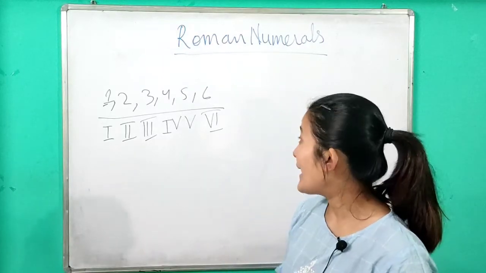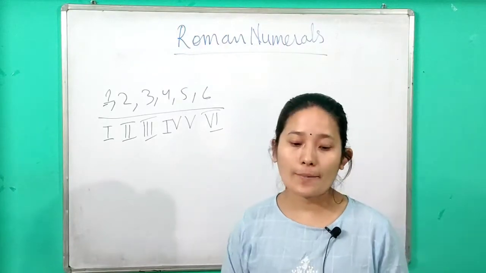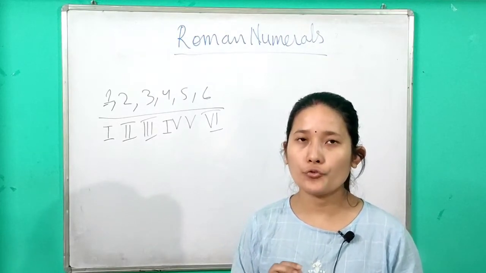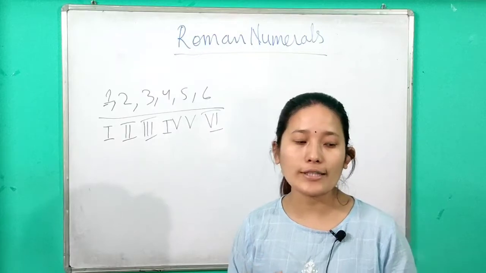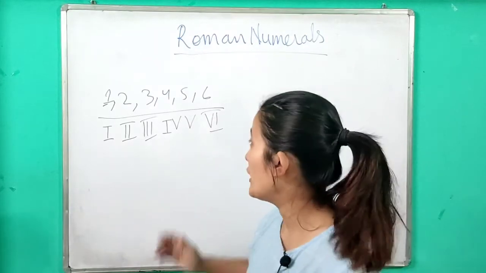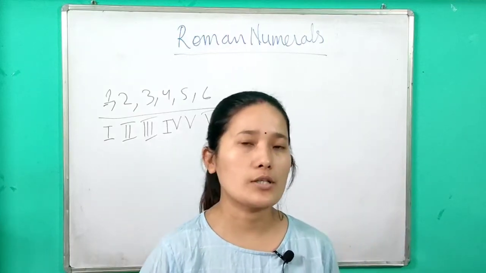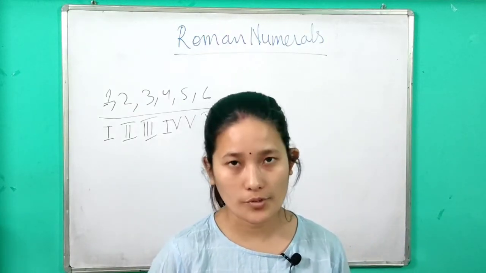Now for writing Roman numerals, you have to follow certain rules which you must have a clear idea about. Only then will you be able to convert Hindu Arabic numerals into Roman numerals, and Roman numerals into Hindu Arabic numerals.